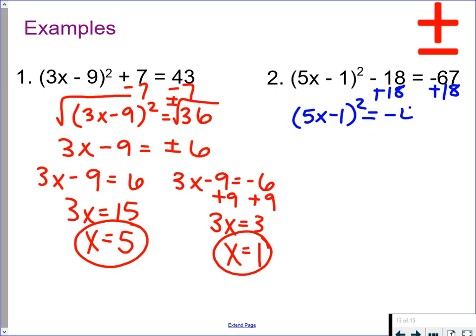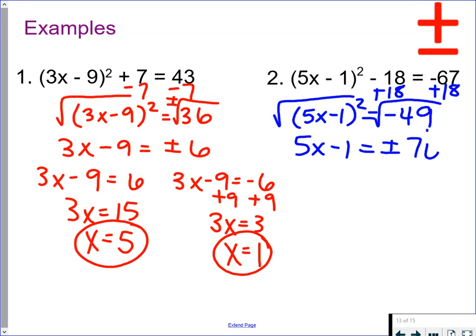Negative 49. I square root both sides. I get 5x minus 1 equals plus or minus 7i. So like I said, we're going to treat that the same way we treated the radical answers. I'm going to add 1. And then divide by 5.